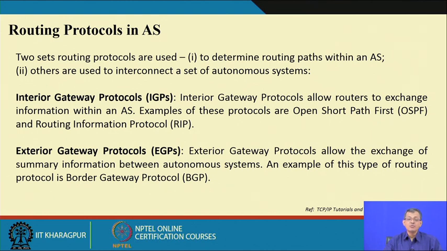That means the border router of every autonomous system has summarized information of the whole autonomous system. This summarized information is exchanged with the other border routers. Based on this information, they find out the path between the source, which is generated in one autonomous system, and the destination, which is in some other autonomous system. How the things will follow.